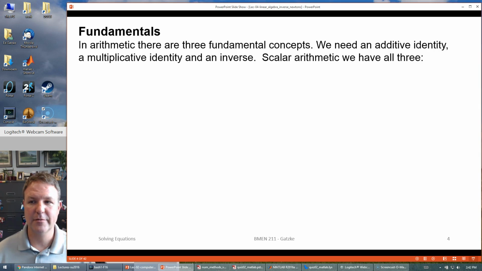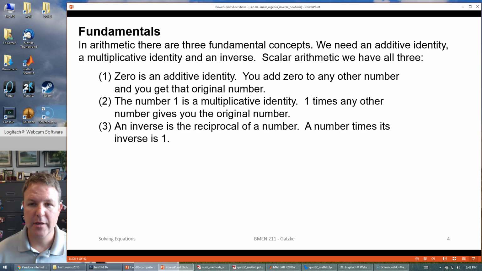So, fundamentals. In arithmetic, there are three concepts. We're doing linear algebra at this point, so we need to talk about arithmetic for algebra. We need the additive identity, a multiplicative identity, and an inverse. In scalar numbers, you've seen this before. You can add 0 to any number. This is the additive identity.